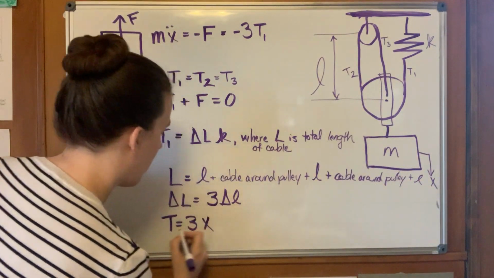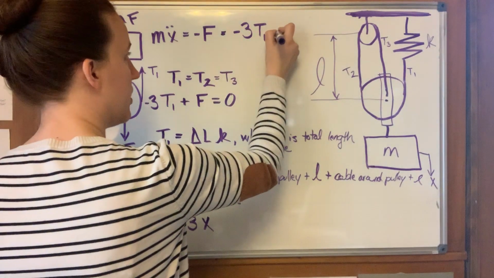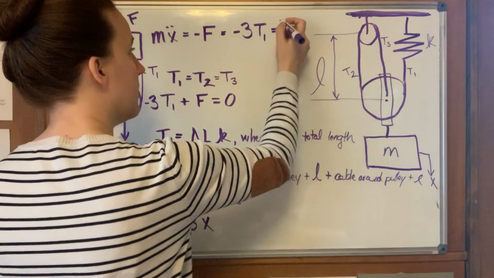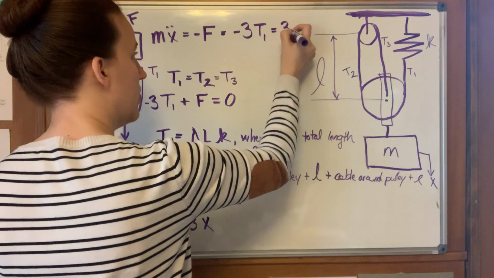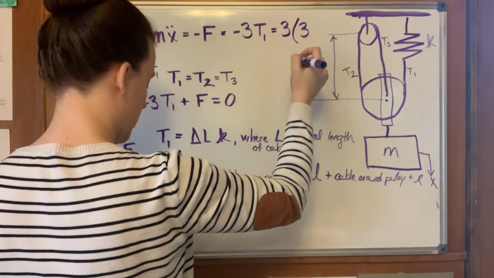So 3x. All right, so we can now put this: T1 equals k times 3x.